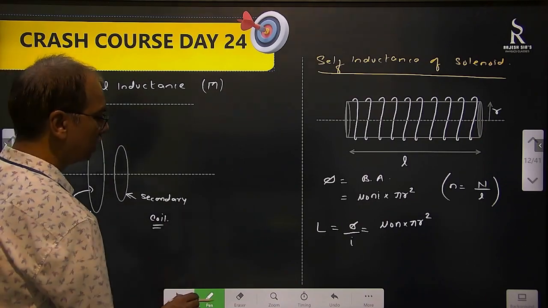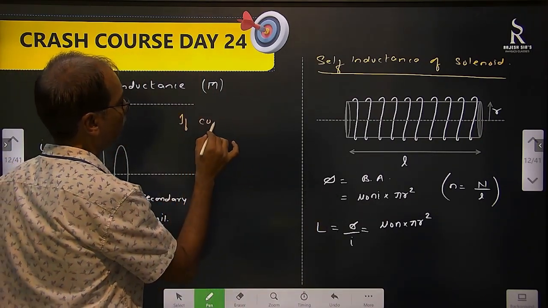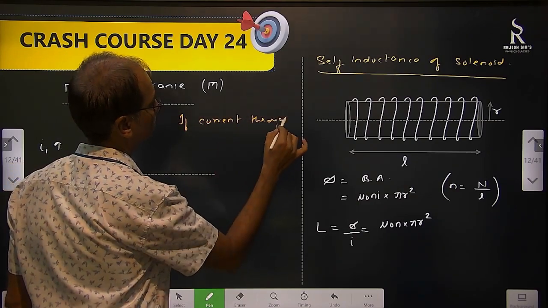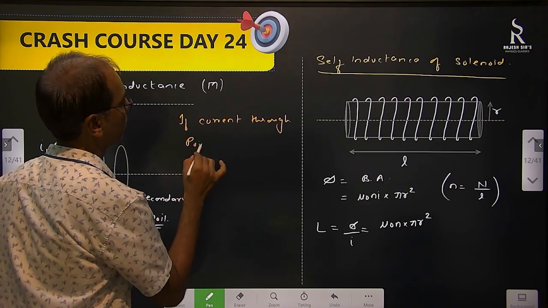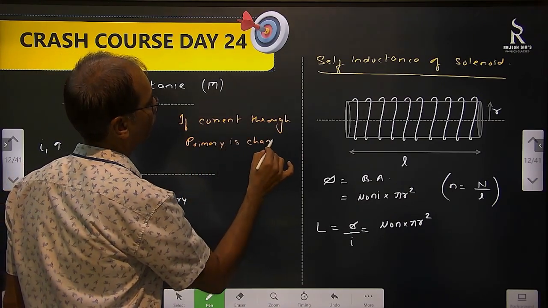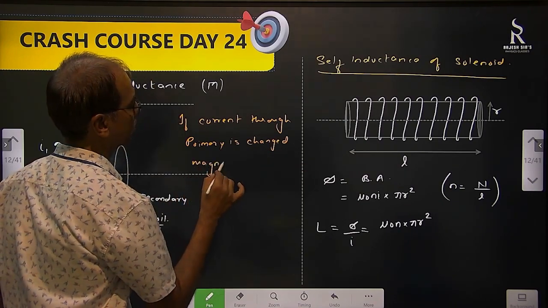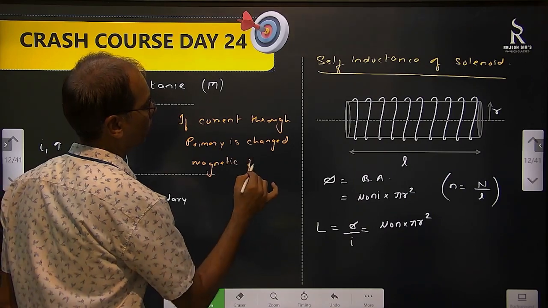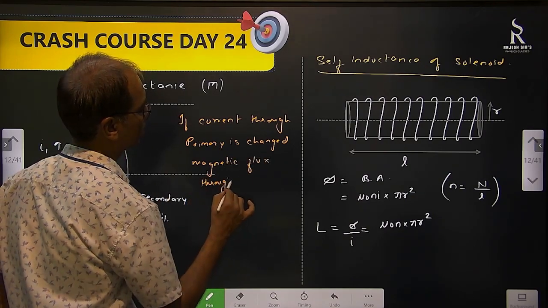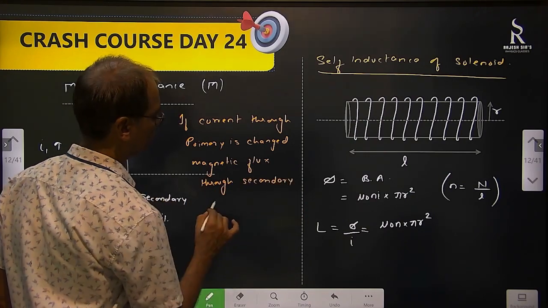Process is, if current through primary is changed, magnetic flux through secondary coil is changing.